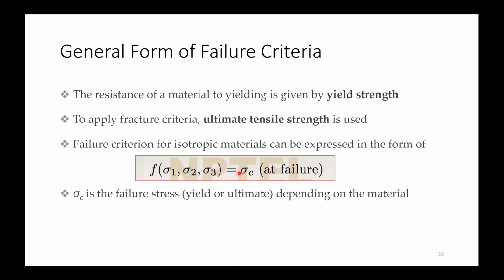So this entire stress state will lead to failure at the failure stress, depending on the material. Yield and ultimate strength will be used depending on whether the material is ductile or brittle.